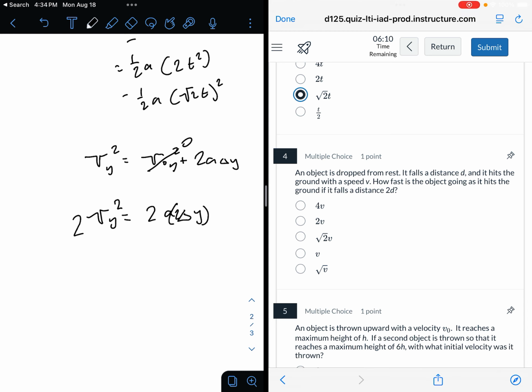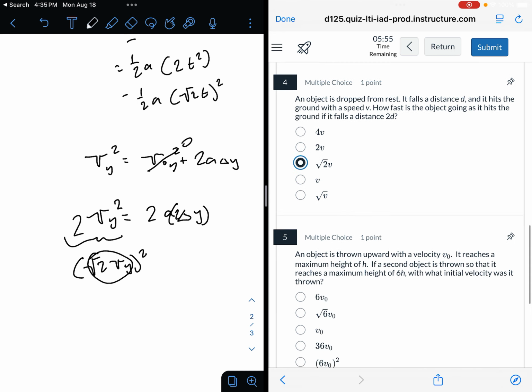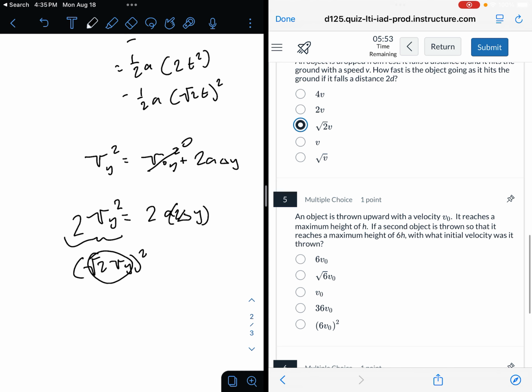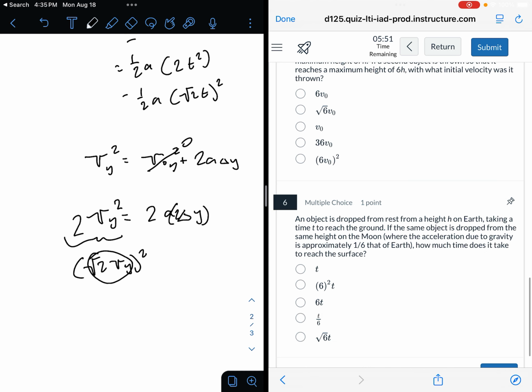And then I would see, okay, 2vy squared. This is the same as root 2 vy, all squared. I'm undoing the square root, essentially. I guess that's a good way to put it. And I can see my vy is going to be root 2 times as much. Yes, that makes sense. Okay.